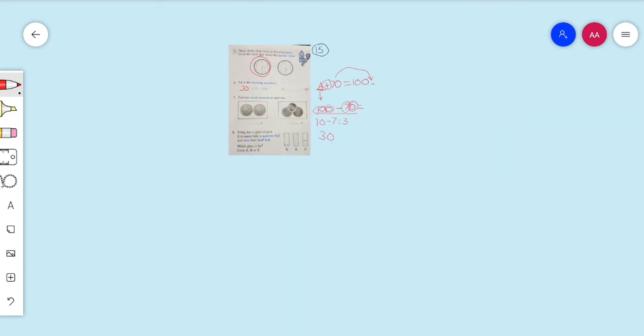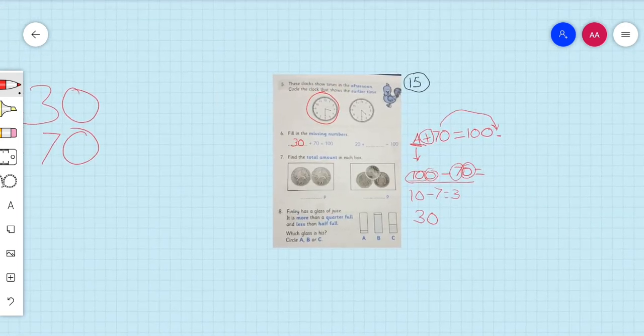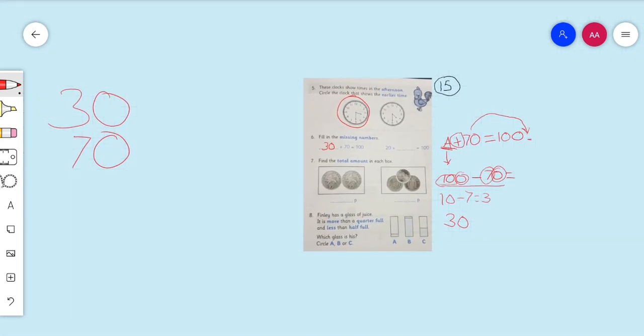You can write 30 here and then 70 here and then plus, and you need to add it, which makes 0 plus 0 is obviously 0 and 7 plus 3 is 10. So the answer is right, it makes 100. Now let's move on to the second one.